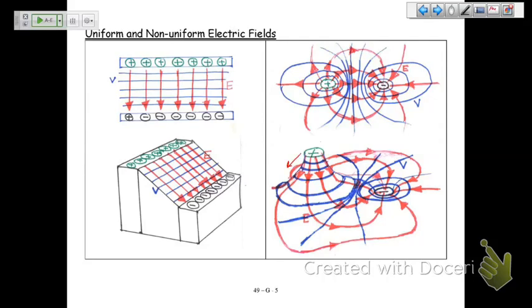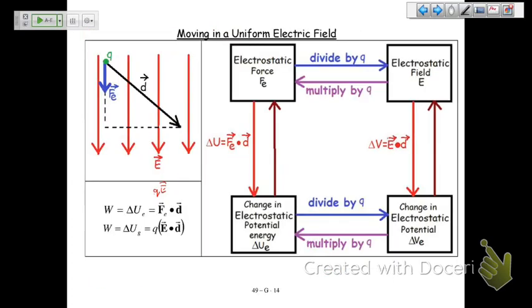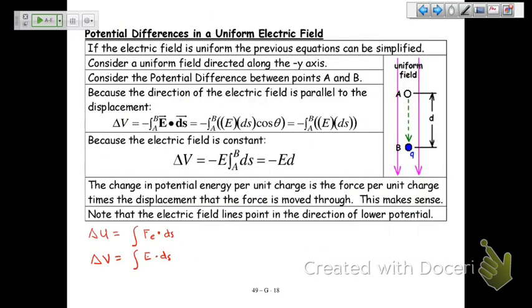When a positive charge goes with the electric field, it's got less and less potential. Yeah? So the change is going to be negative. When a positive charge is following the electric field, it's going to be a negative change in potential because you're rolling downhill. So we have a negative sign.